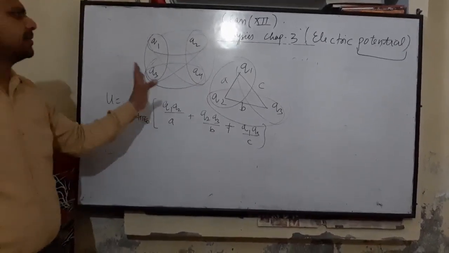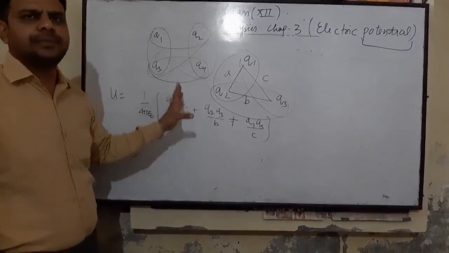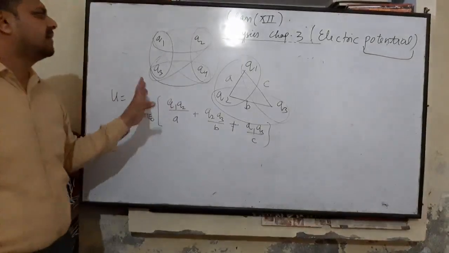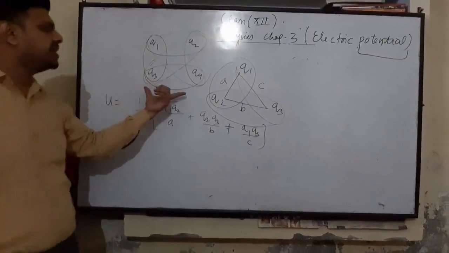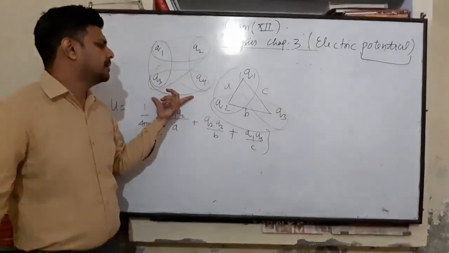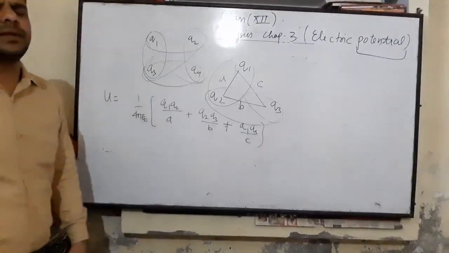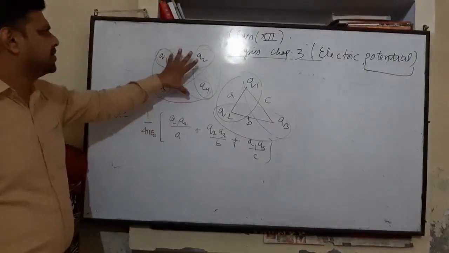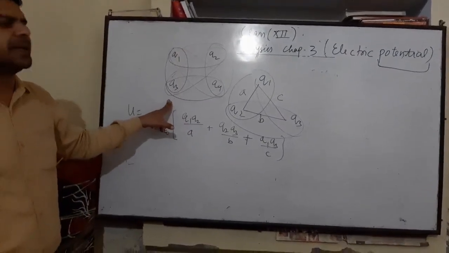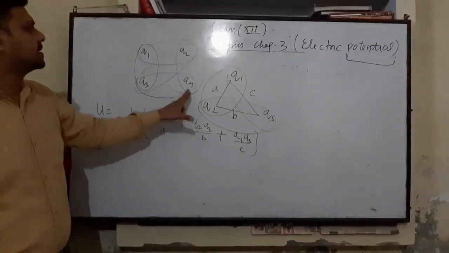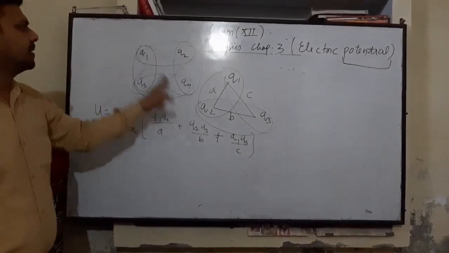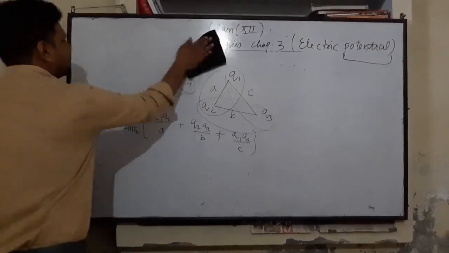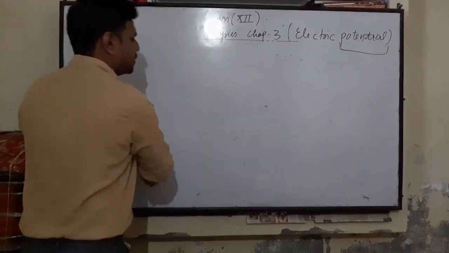For calculating the electric potential energy of a 4 charge system, first we make the pairs of charges, find the potential energy of each pair, and then add them to get the resultant. So in this situation we will have 6 pairs, 4 pairs sidewise and 2 pairs diagonally. This is the electric potential energy.